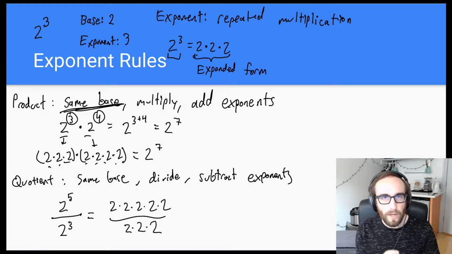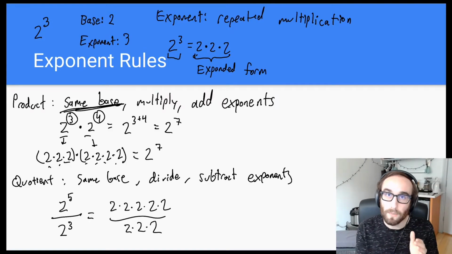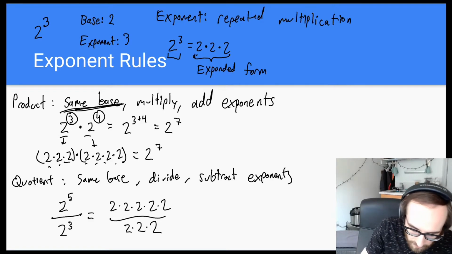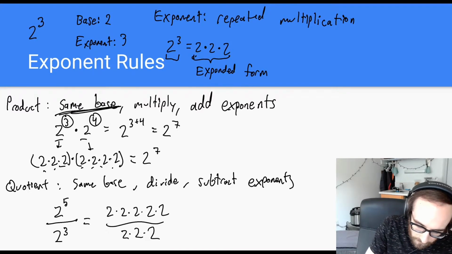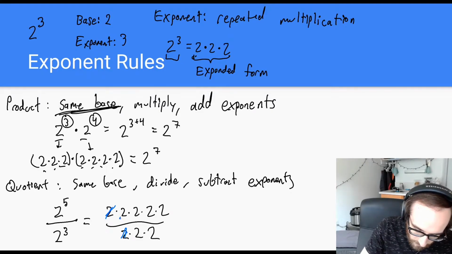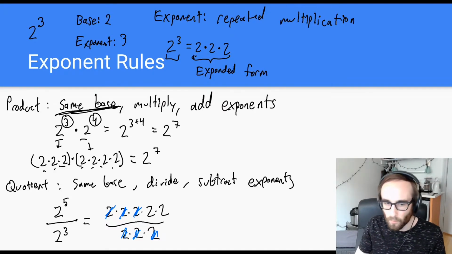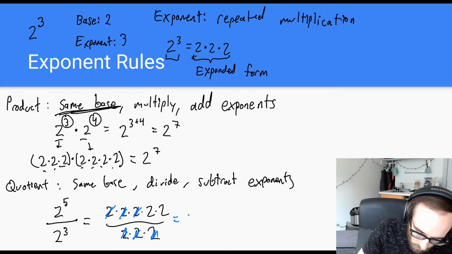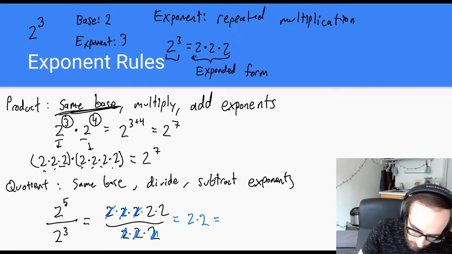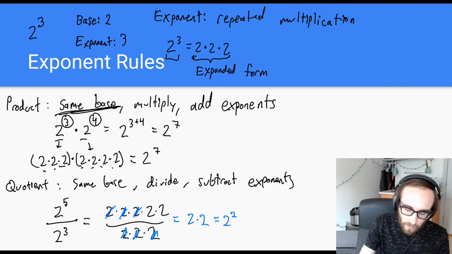Then notice we can divide these two 2's, these two 2's, and these two. When we divide them, we get 1. 2 divided by 2 is 1, 1, 1. So we end up with just 2 times 2, in other words, 2 squared.